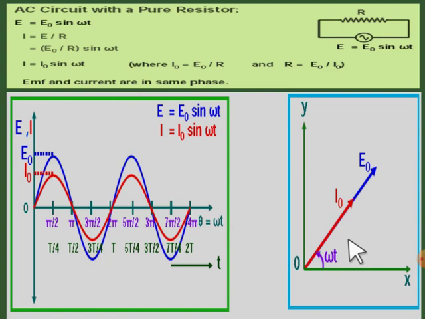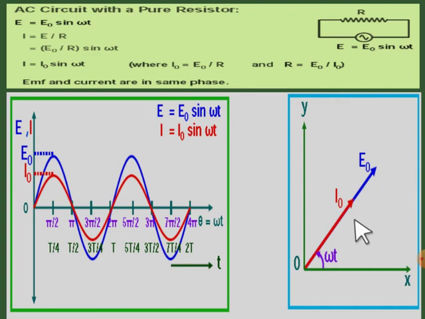The vector is imagined to rotate with an angular velocity equal to the angular velocity of the alternating current. In the phasor diagram, the peak current and the peak EMF are represented by arrows, and they are called phasors.